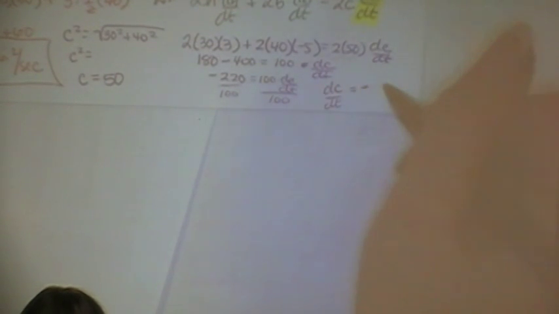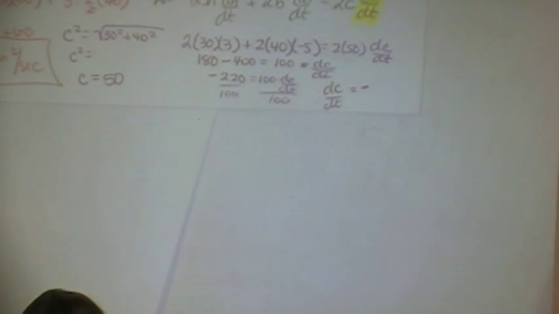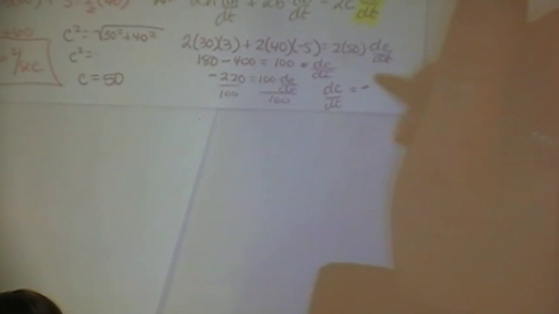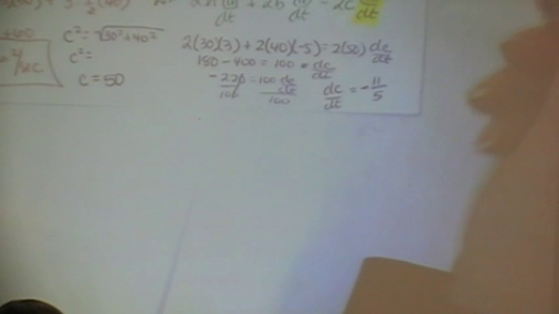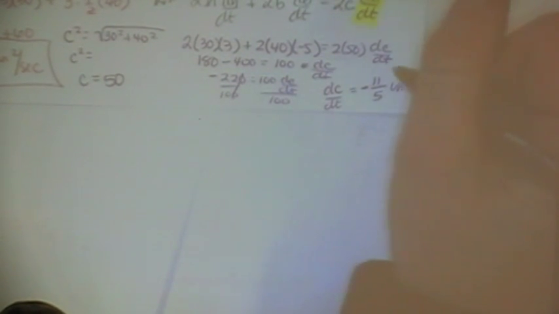Negative 2.2, right? Oh, I should leave it as a fraction. Negative 11/5 inches per second. So that's your hypotenuse.